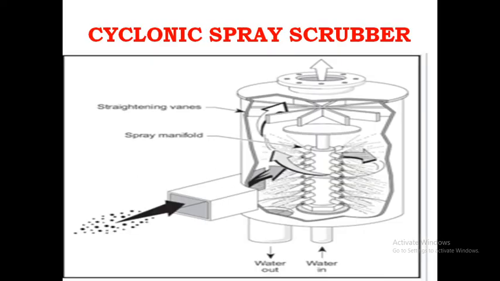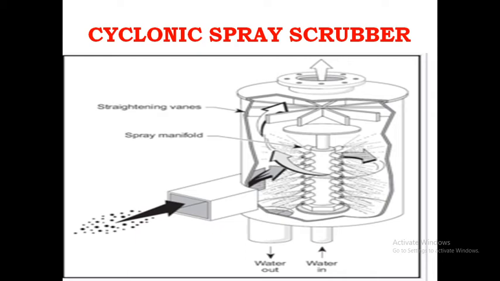Second one, the cyclonic spray scrubber. This figure shows the cyclonic spray scrubber. Working principle of the cyclonic spray scrubber: it forces the inlet gas or pollutant up through the chamber from a bottom tangential entry. Liquid sprays from nozzles on a center post.